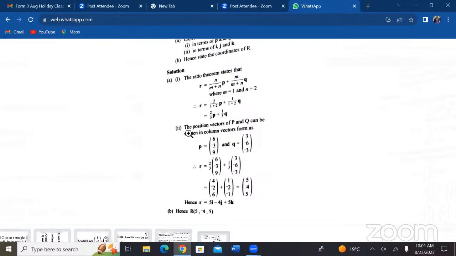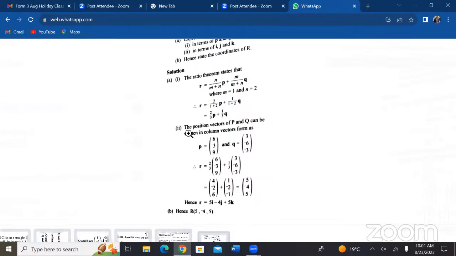Now in the second part, we get the actual vector. We have P provided, we have Q provided, and we know that R is 2/3 of P plus 1/3 of Q. In the question, we had P and Q as coordinates.